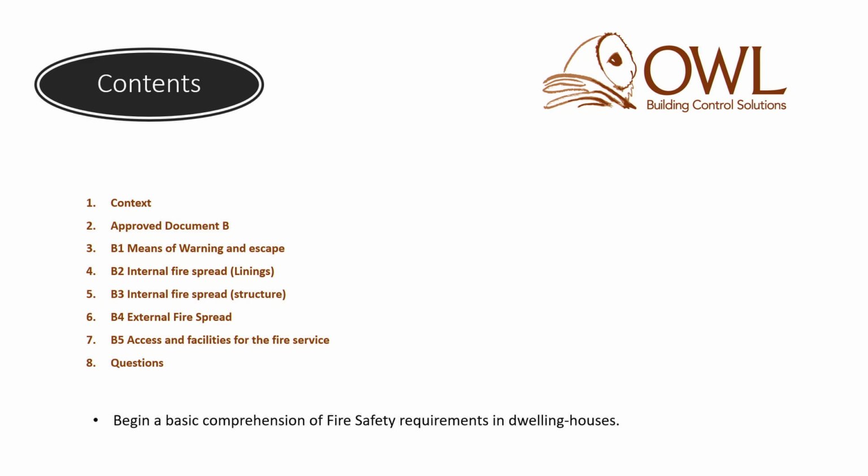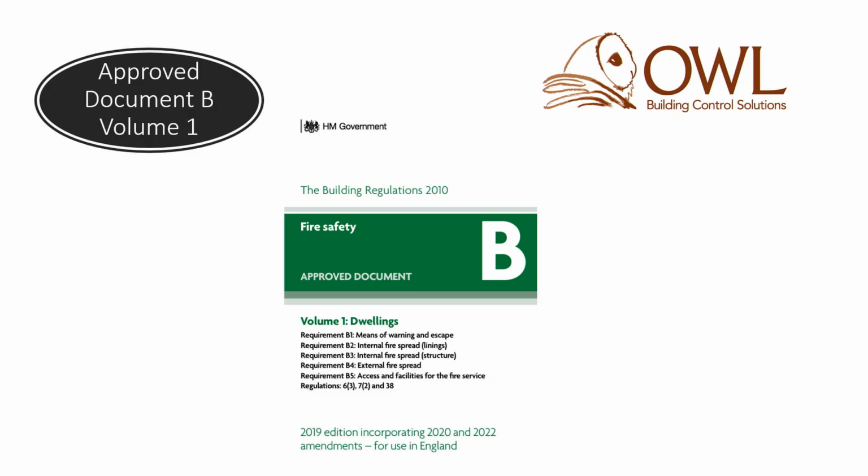So that's B1, means of escape, B2, internal fire spread of linings, B3, internal fire spread of structure, B4, external fire spread, and B5, access and facilities for the fire service. Those are the requirements of Schedule 1, B1 down to B5. And there'll be a bit of time for questions for me and questions for you at the end as well. That's ADB, that's what it looks like.